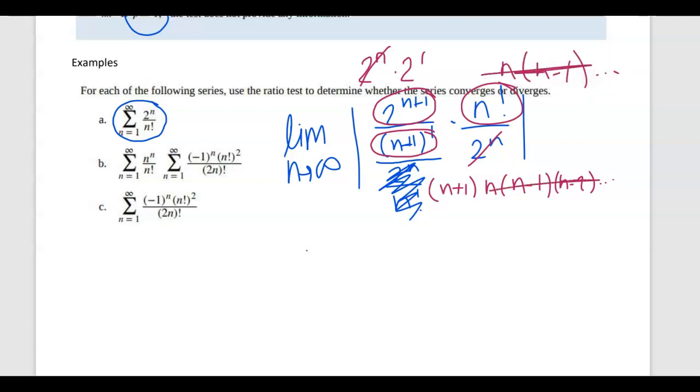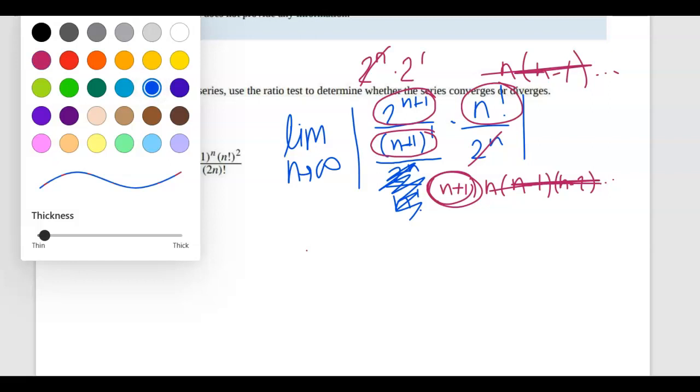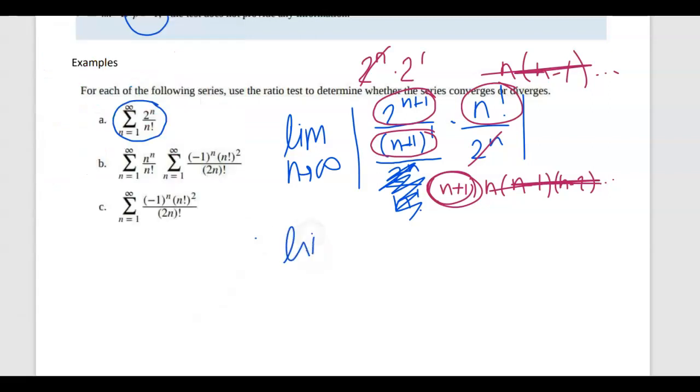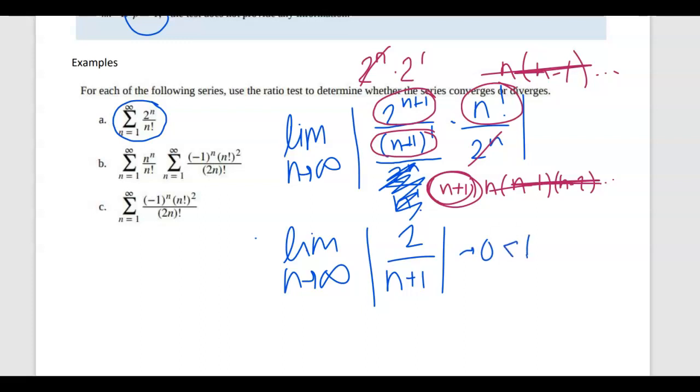So all of these terms will cancel with all of these terms, and I'm just left with the n plus 1 term there. So I'm going to have the limit as n goes to infinity of 2 over n plus 1. Well, as we go to infinity, 2 over n plus 1 is going to go to 0. That's less than 1, so this is going to be convergent.